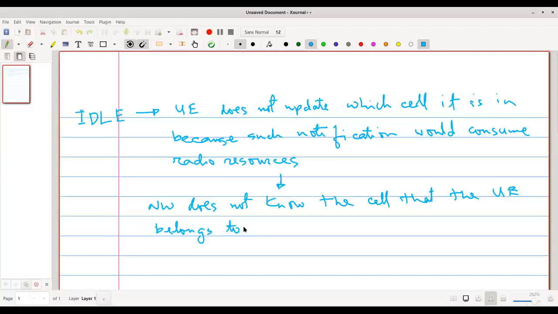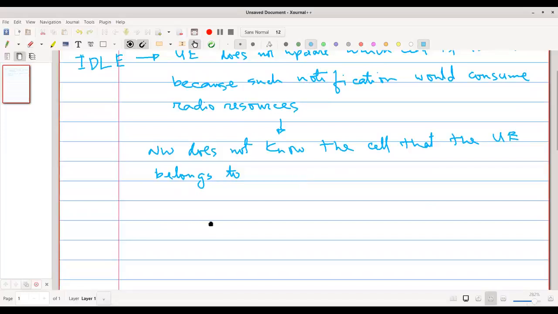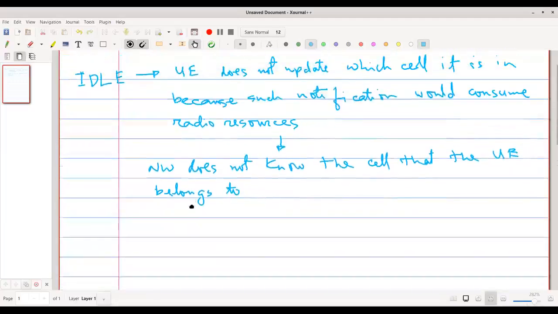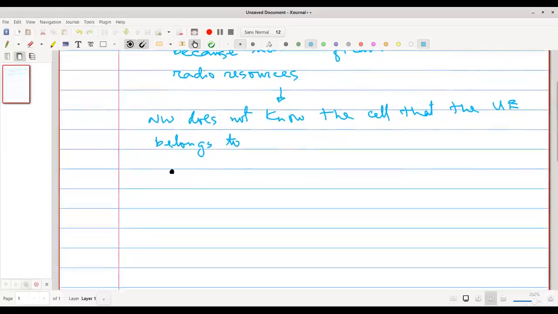Okay, now the problem is, what problem? So it's advantageous clearly, but a problem we face is that, now see, from idle state, if there is a requirement of initiation of data transfer, and that requirement can be from any side, please pay your attention today.